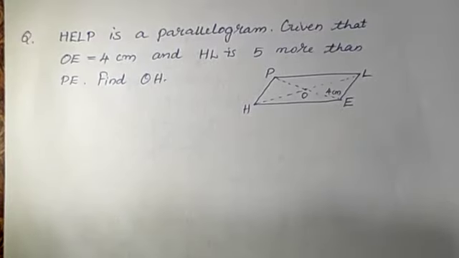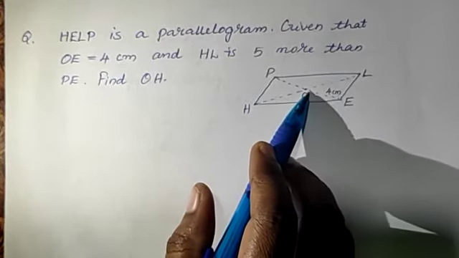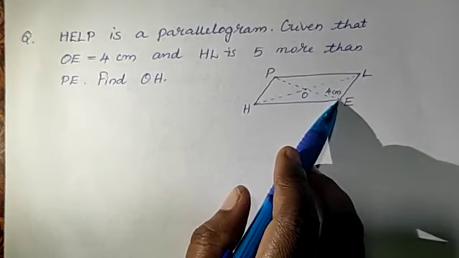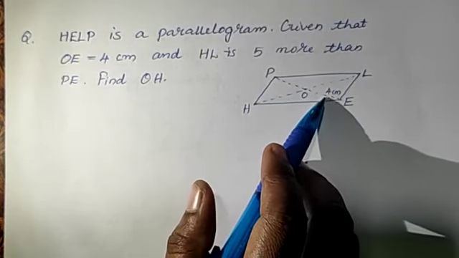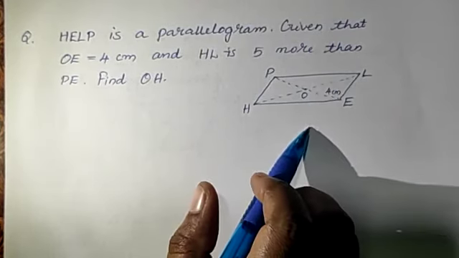Let's do a problem. HELP is a parallelogram. Given that OE is equal to 4 cm and HL is 5 more than PE, find OH. See here, it is given that OE is 4 cm. We know that in a parallelogram, the diagonals will bisect each other.